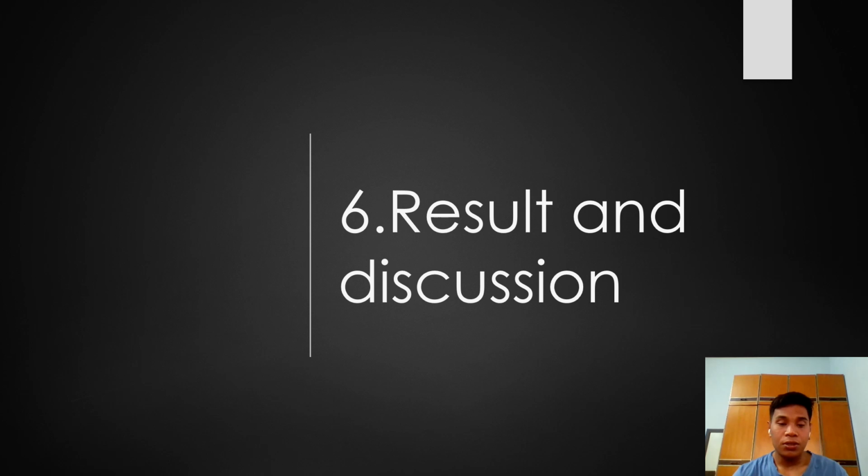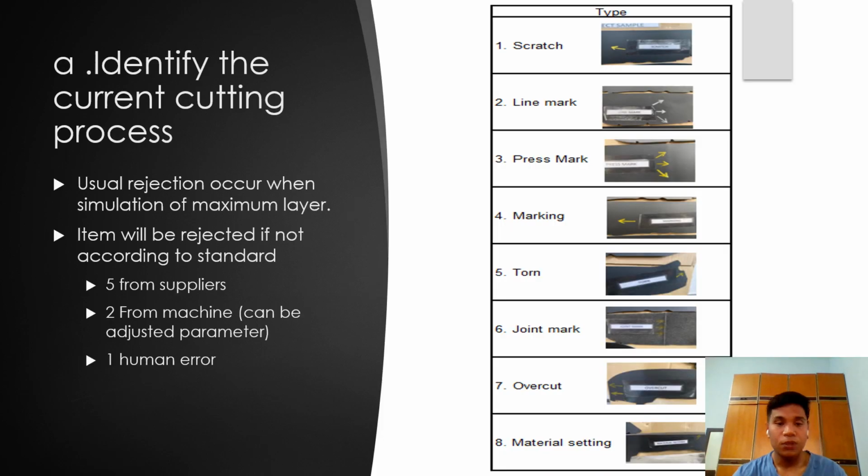So for the result and discussion, it is like this. To identify the current cutting process problem, these are the problems that occur, which is the rejection: one from a supplier, two from the machine.